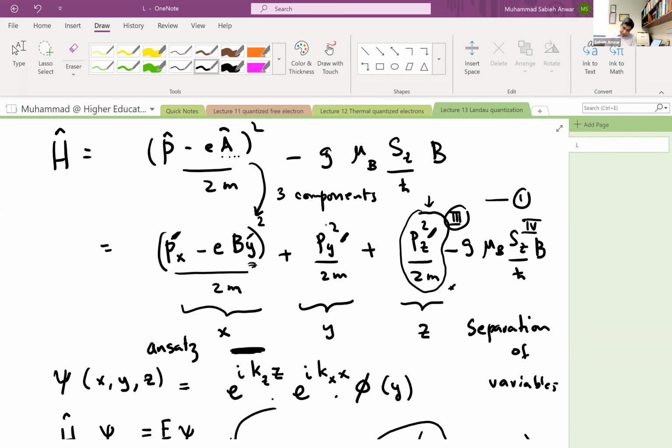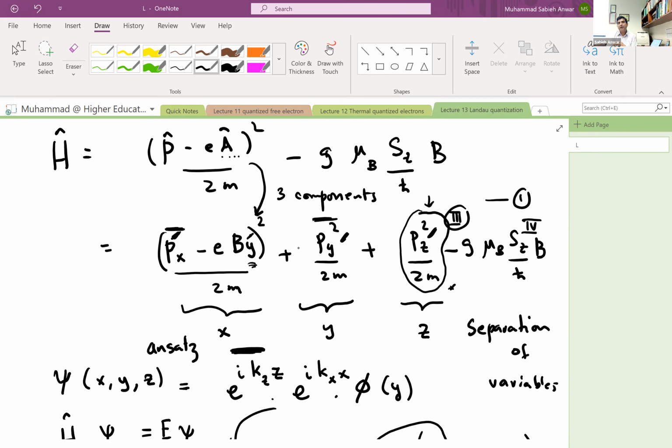Similarly, if you look at this term here, if you open up this bracket, this is going to give us a Px squared term. And the Px squared term also has a trial solution. It admits a wave function of the form e^(ikx x).